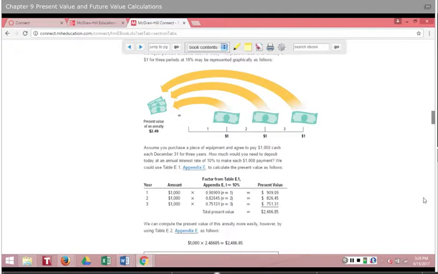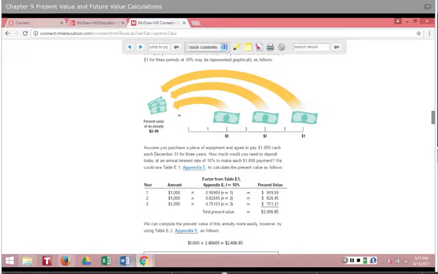But we have a present value of an annuity table that shortcuts this process. What it does is it takes the present value factors and sums them. So if you were to add these 3 factors together, it would equal this 2.48685.